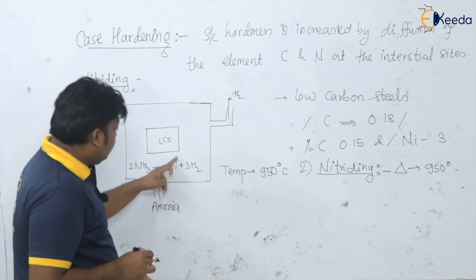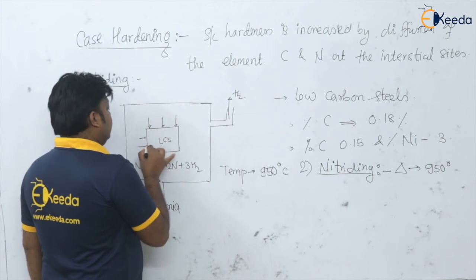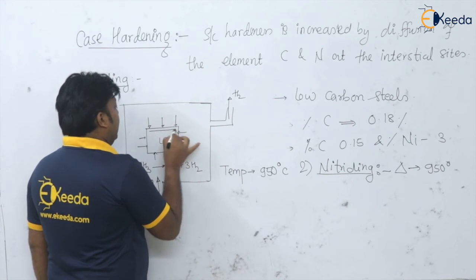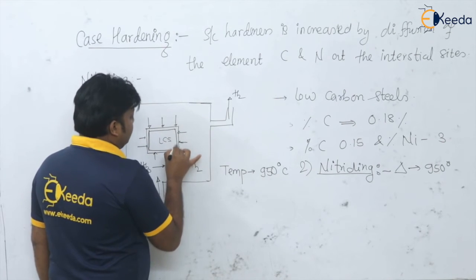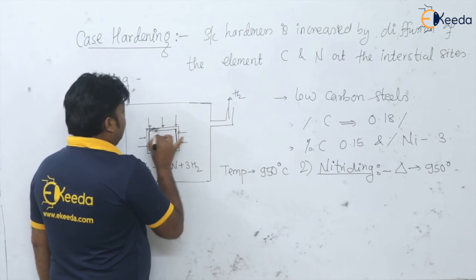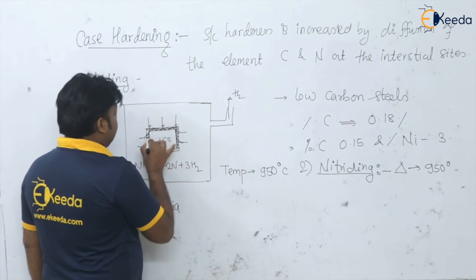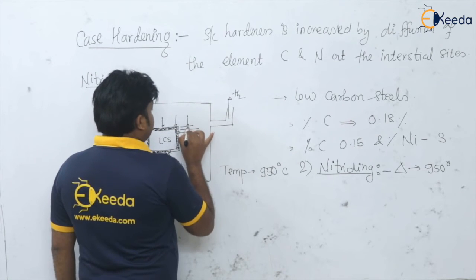So this nitrogen is now going to penetrate on to the surface of this low carbon steel specimen and creating this surface of this specimen hard up to certain depth, and that depth we know is called the case depth. This is the case depth.